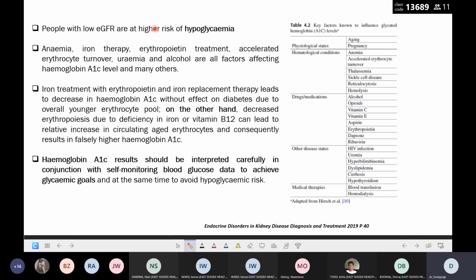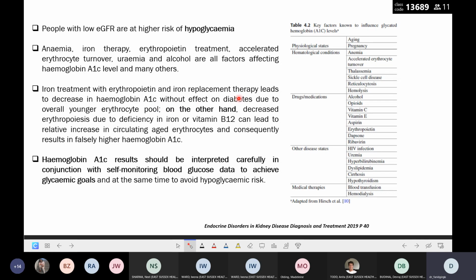And all of these affect the reliability of the hemoglobin A1C. So erythropoietin and iron replacement therapy lead to a decrease in hemoglobin A1C due to the rapid turnover, without effect on diabetes. So this is actually misleading.